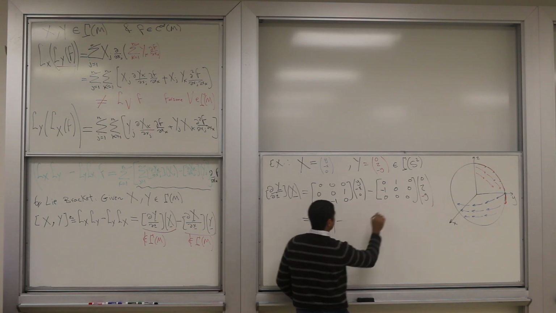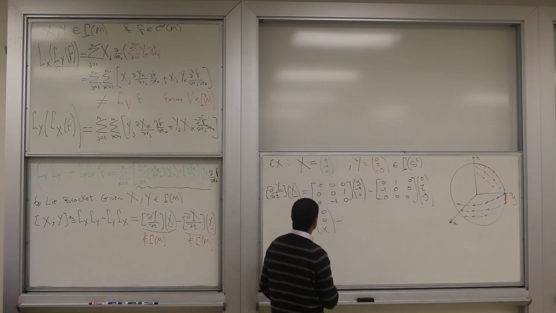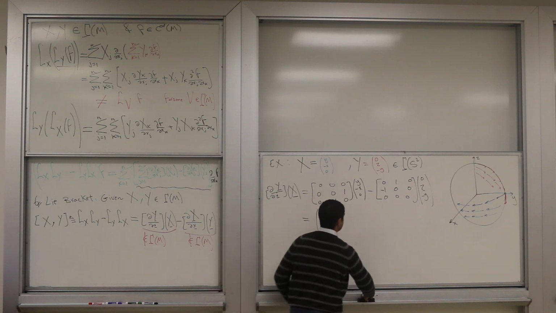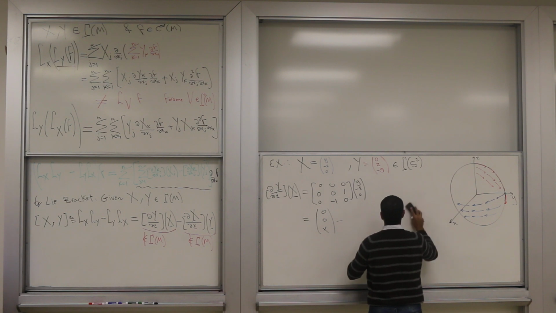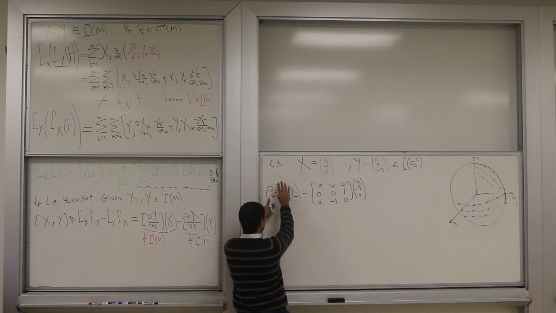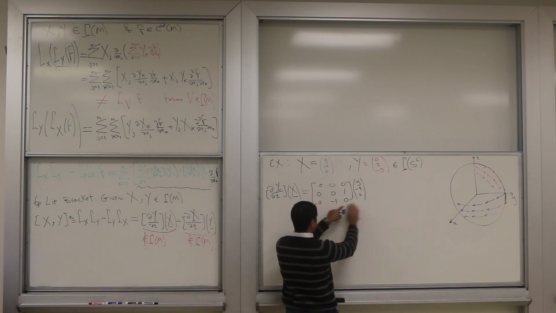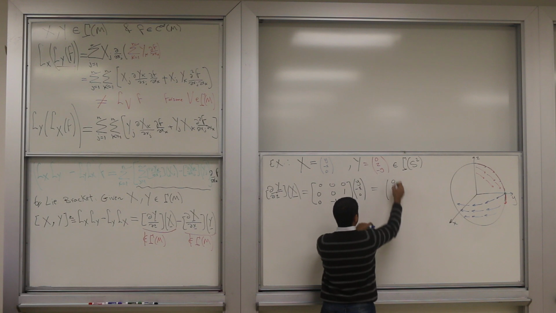This guy is minus, we get here, z. Oh, I'm sorry, this is the Lie bracket, right? Now let's get this first. So this is partial y, partial x times x. This is, as you said, 0, 0, x, right?